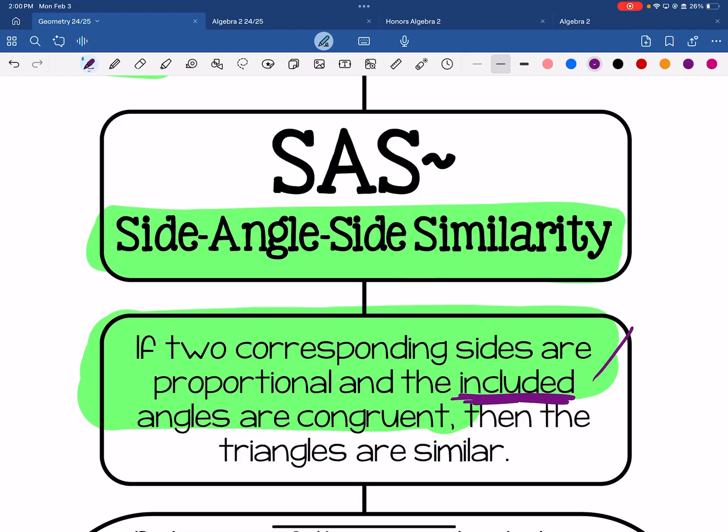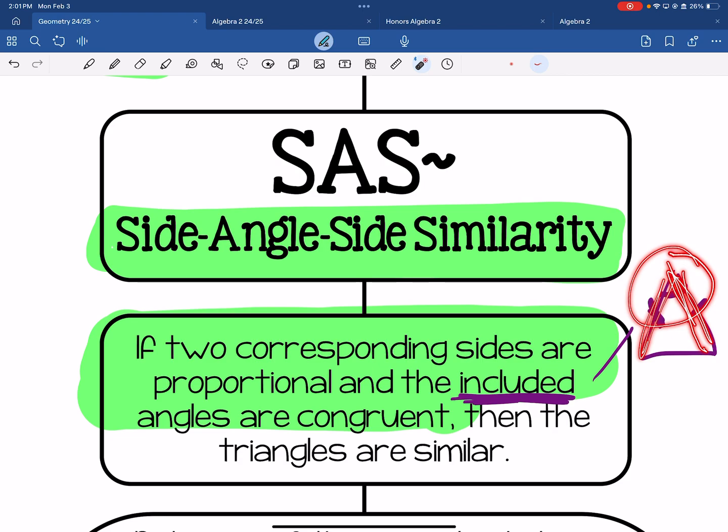Remember what that word included means in a triangle. This angle is considered to be an included angle because it's made up of these two sides that I'm looking at. That's what we mean by included.